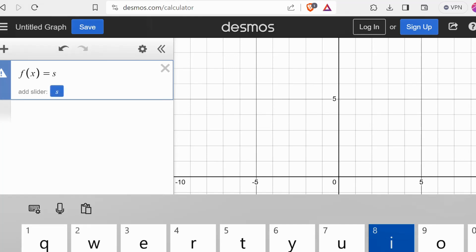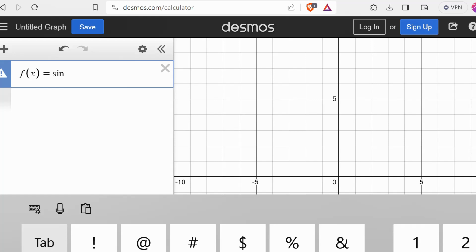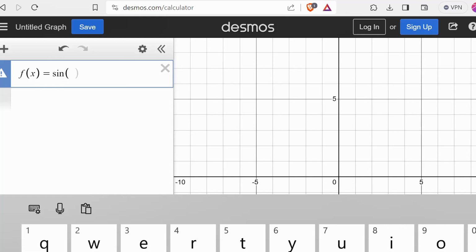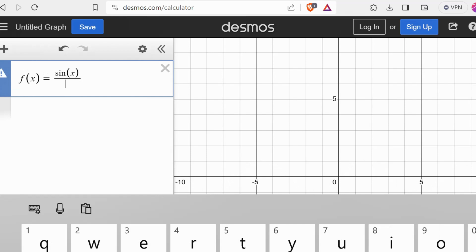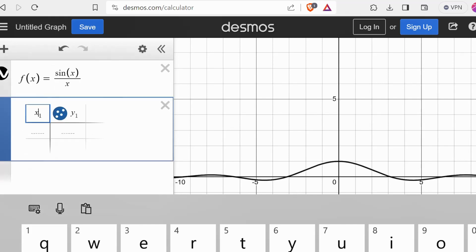So sine of x, and then we're going to divide that by x. Good. Alright, so there's my first function, and now I want to build a little table here. So table, my x, my y is going to be f of x.